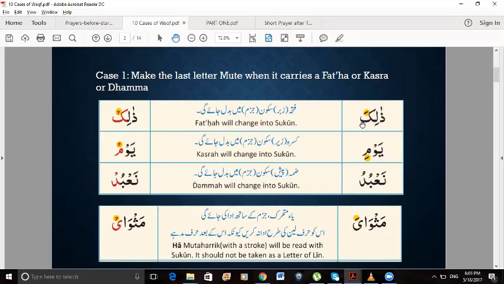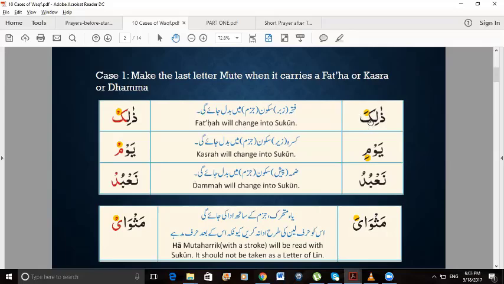In normal circumstances, if you weren't stopping, you would read this as dhalika. Now, if you were to stop, the fatha will change into a sukoon.